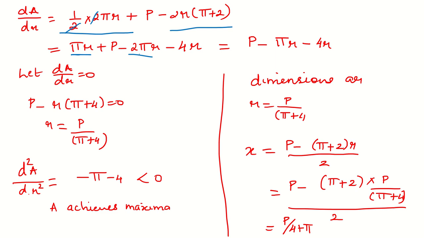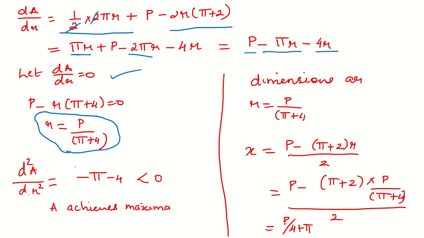So pi minus 2 pi minus pi, that is minus pi r, is here, and the rest is P minus 4r. Now second step is to equate it to 0 and get the value of r.